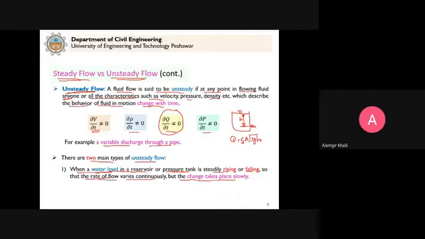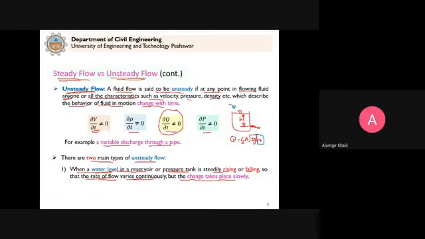So the rate of flow will change continuously. How? Let us assume the water level is falling in this case because of the fluid which comes out. So now you can see that in this equation, this H is changing. Is it constant? No. Because the water level will go down.